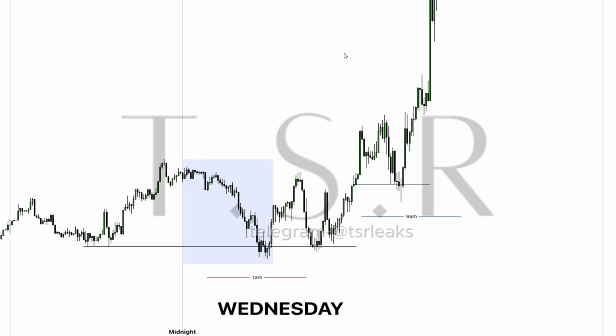Wednesday's candle right here. Price is rejecting highs and breaking through lows. As soon as price turtle soups a 15-minute range, this right here is the 15-minute range that occurred before 12 a.m., after 5 p.m.